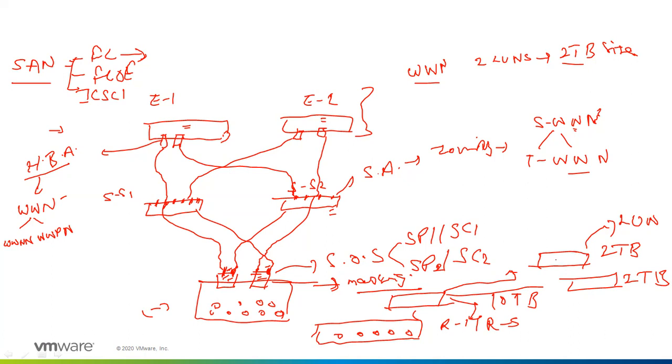Masking means just associate. He will create a group of source and targets, and to this group he will mask these LUNs. Source and target means the source WWN numbers and target WWN numbers. Then these 2 TB LUNs will be present here.